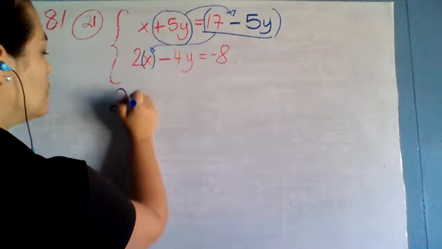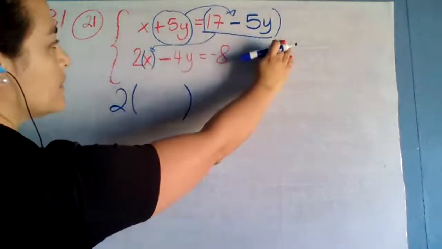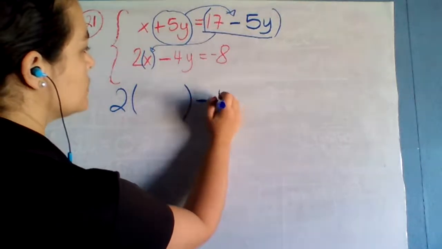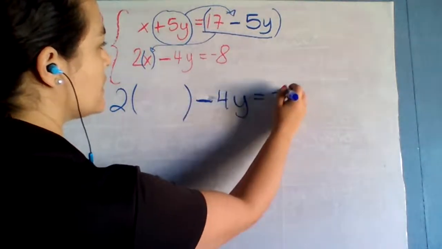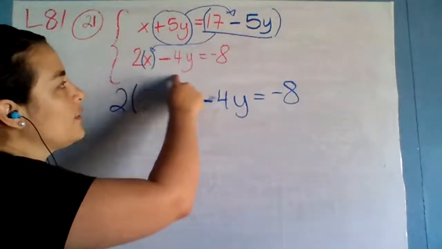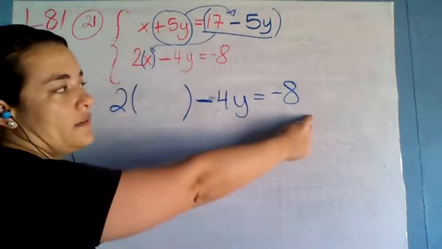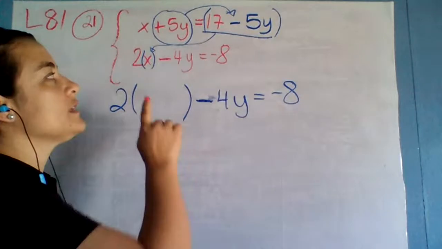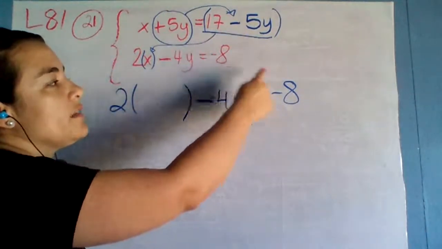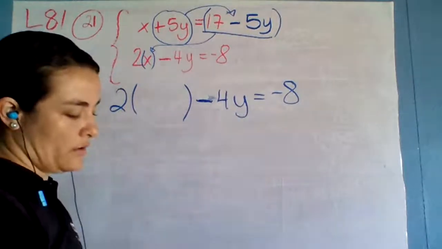So 2 parentheses, all of that, minus 4y equals negative 8. Do not forget that this whole thing needs to be here, okay? All I'm doing is changing the x for this, but the negative 4y and the negative 8 all need to be here, okay?